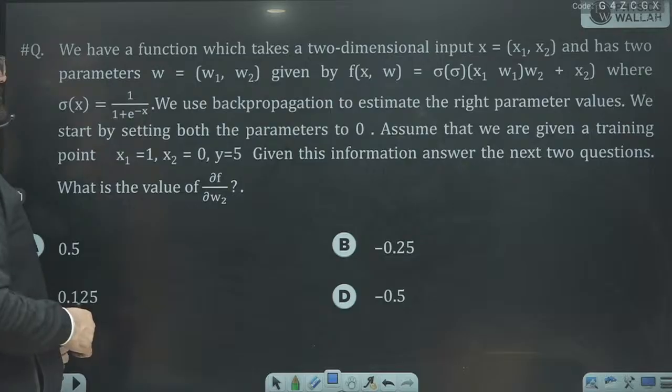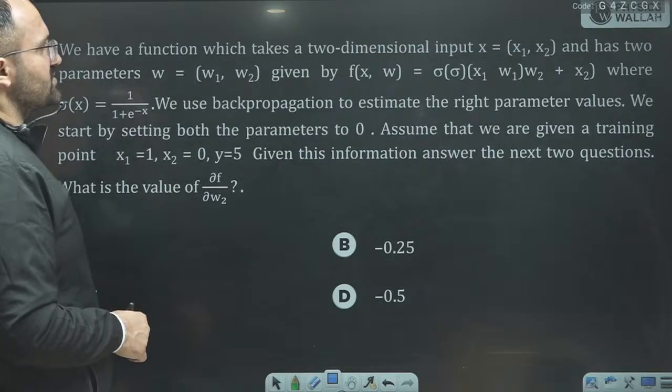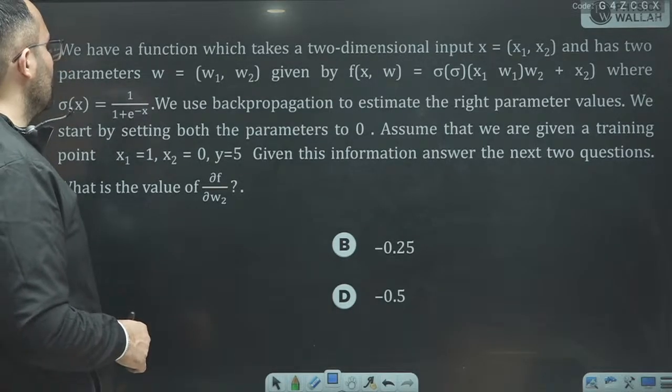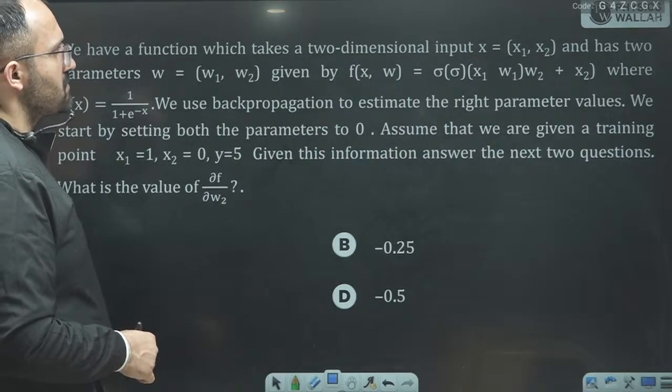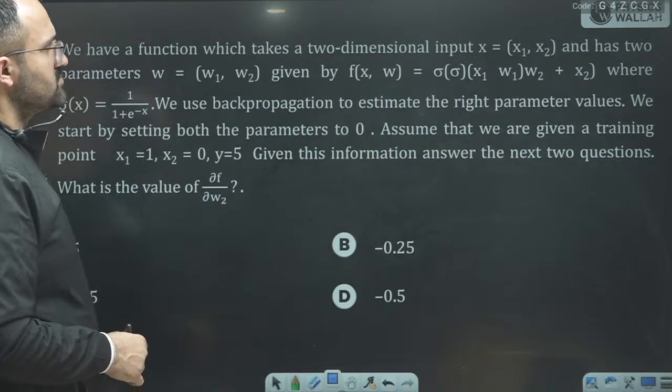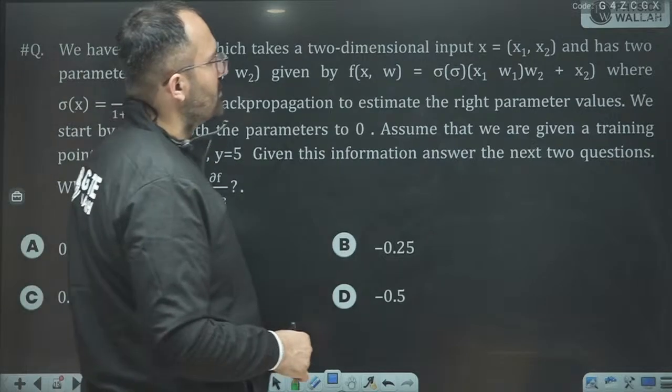We have a function which takes two-dimensional data x1, x2 and has parameters w1, w2 given by this.